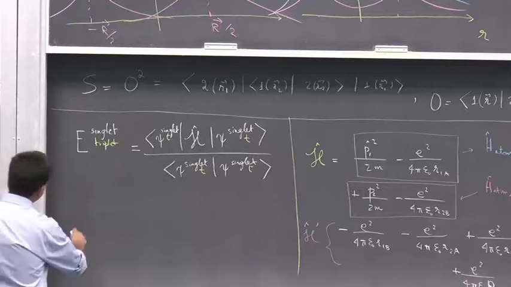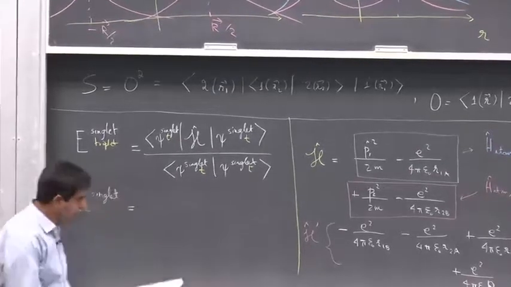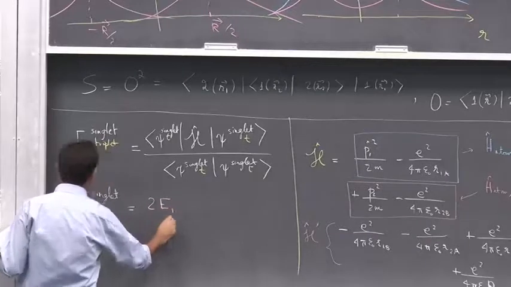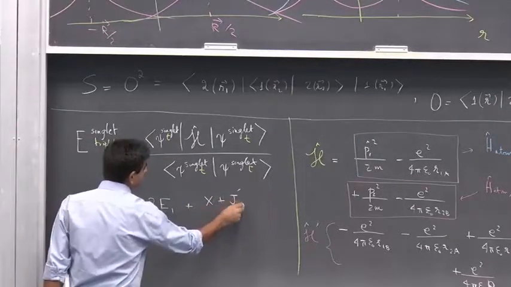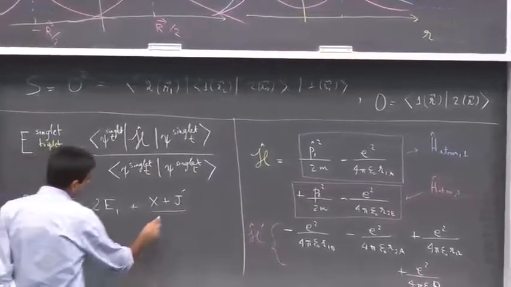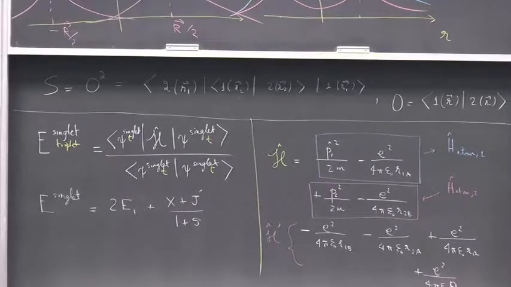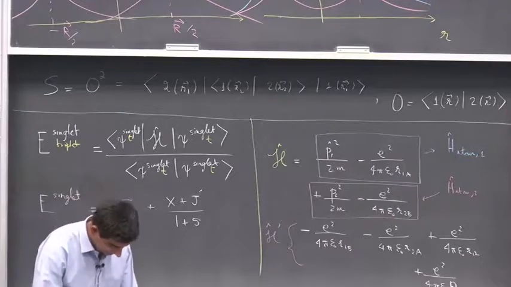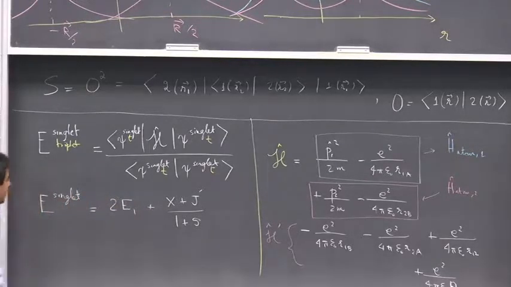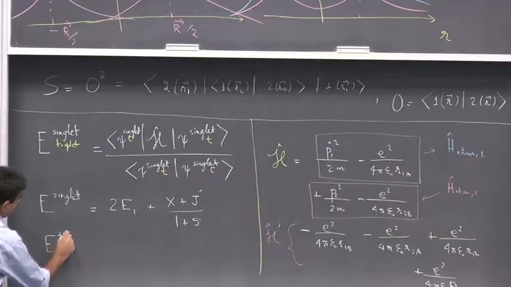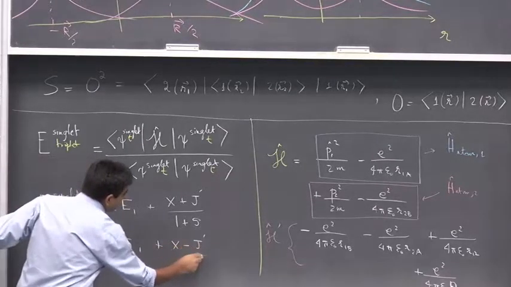I get the following. E singlet is 2E1 plus x plus j dash over 1 plus s, and E triplet is 2E1 plus x minus j dash over 1 minus s.